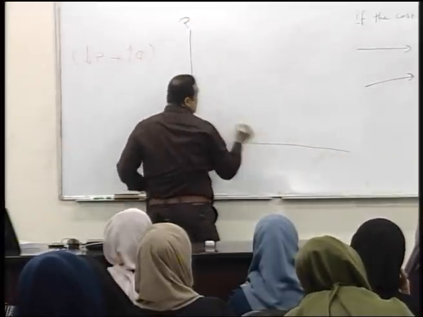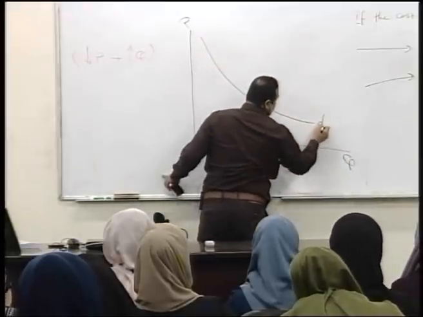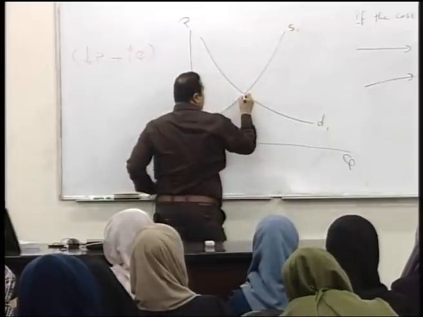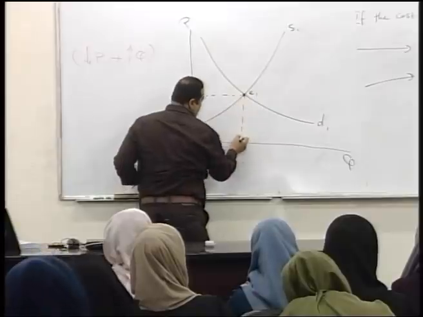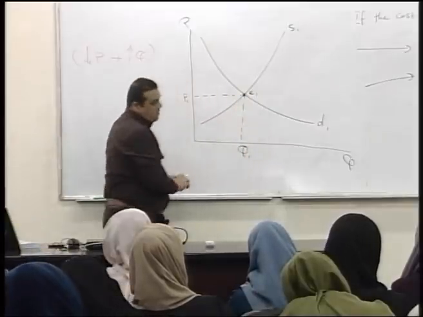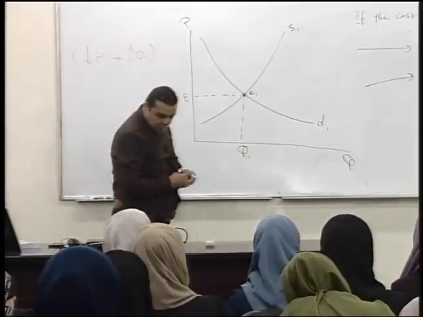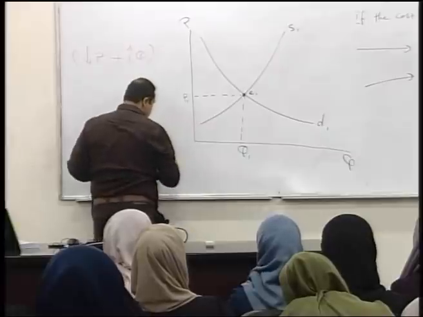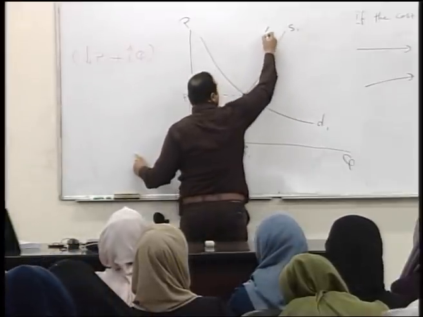Price, quantity, D1, S1, E1, P1, Q1. Now, according to our assumption that the cost of raw material goes up, we have a leftward shifting in the supply curve.